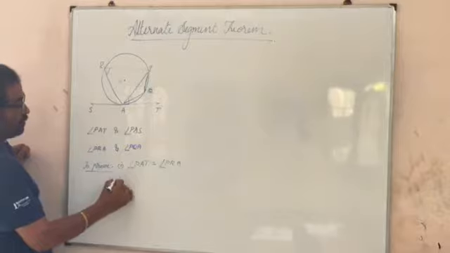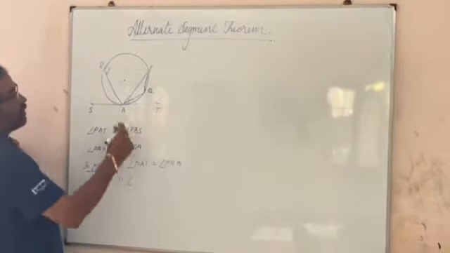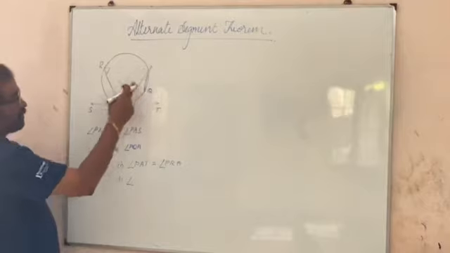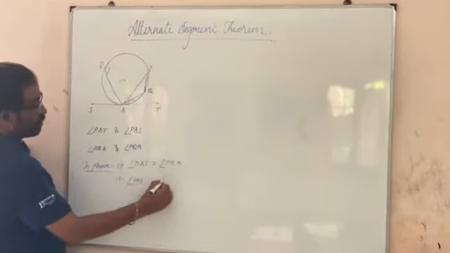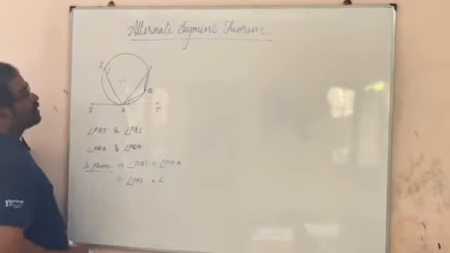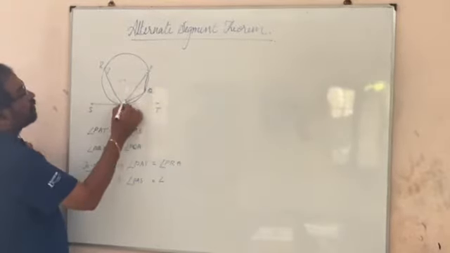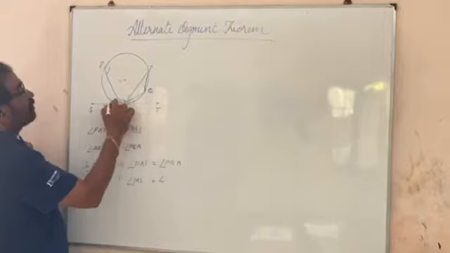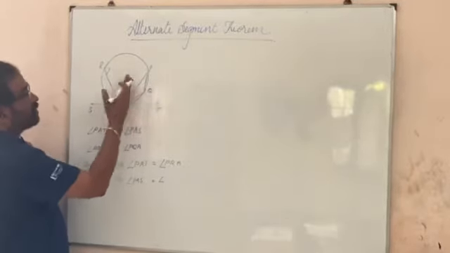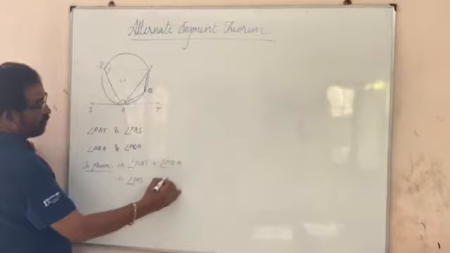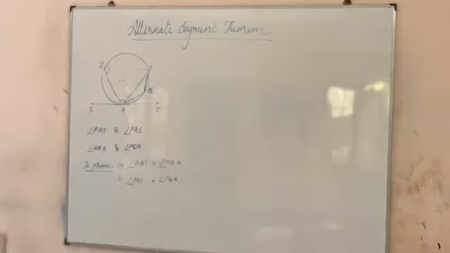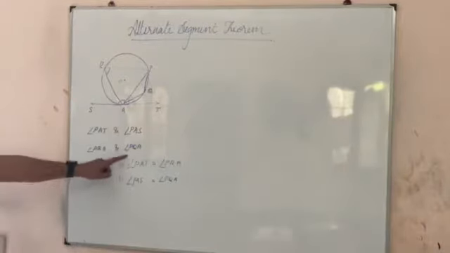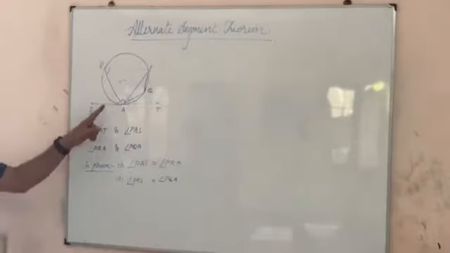Second, the other angle made by this chord with the tangent is PAS, and PAS is equal to angle PQA, the angle in the alternate segment, the minor part. These two things we need to prove. Now I hope you understand the theorem.